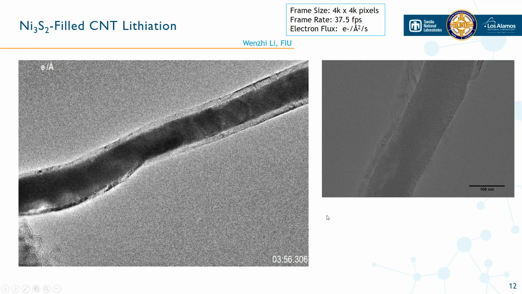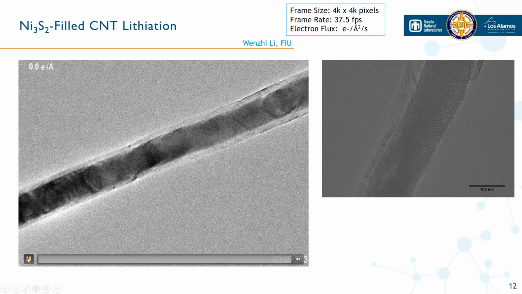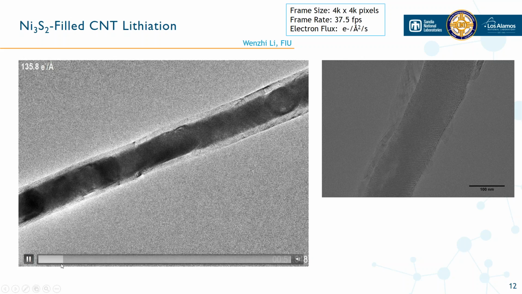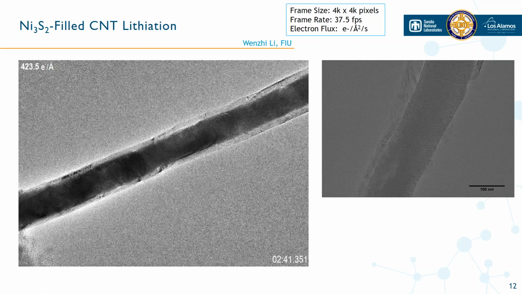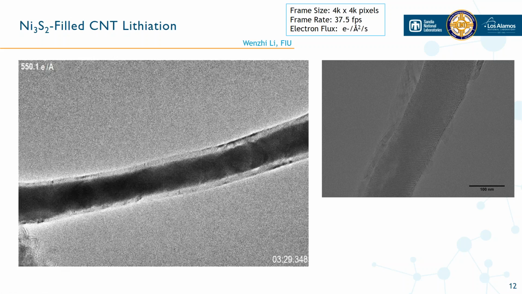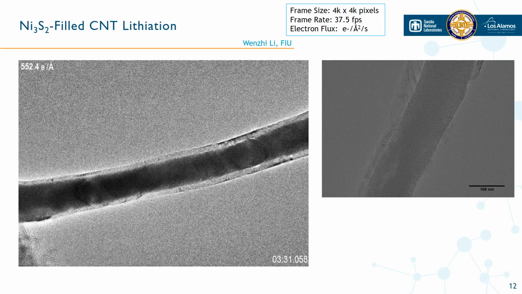In the right image, you can actually see there's a difference between lithiated and unlithiated areas, and that a lot of the reaction was moving down that inner wall of the carbon nanotube.